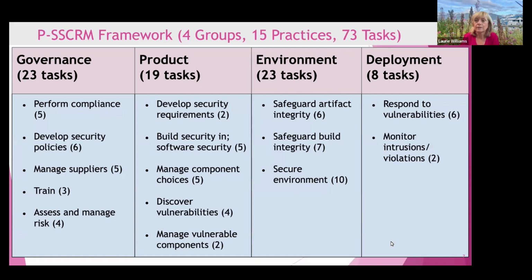This is the vocabulary I chose, 73 lowest-level things that people do. Those 73 are organized into 15 practices, and those 15 practices are organized into 4 different groups. The 4 groups are the governance group, a product group, an environment group, and a deployment group.